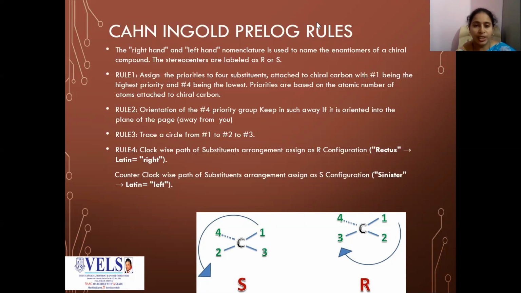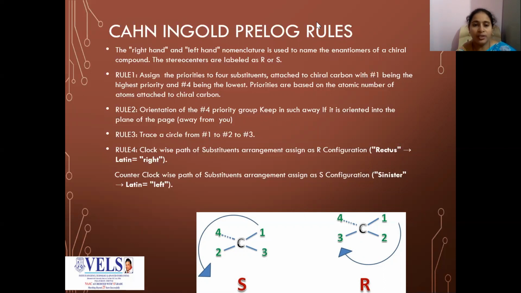Rule 2: the orientation of the lowest priority group, that is group 4. Keep it in such a way that it is oriented into the plane, away from you. Rule 3: trace the circle for the remaining 3 priority groups 1, 2, 3 in order. If the circle goes in a clockwise path, then assign the configuration as R. R means rectus; in Latin, it means right.